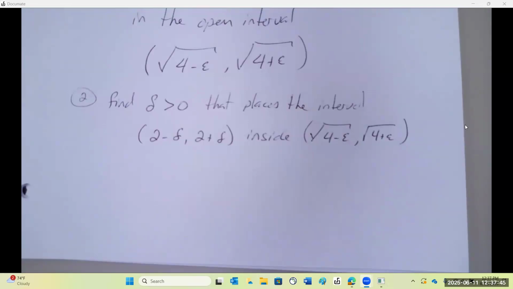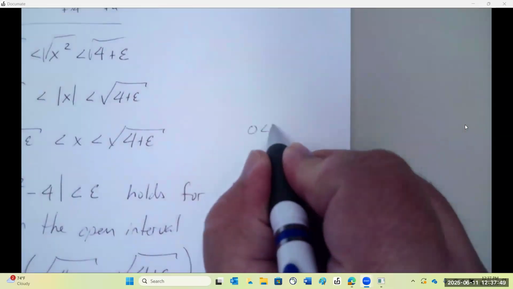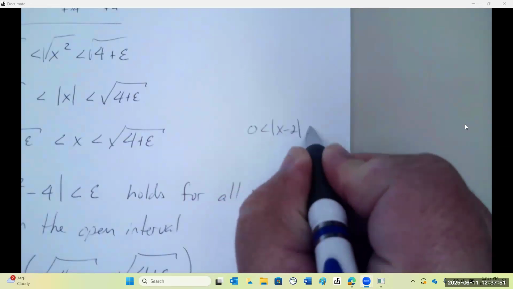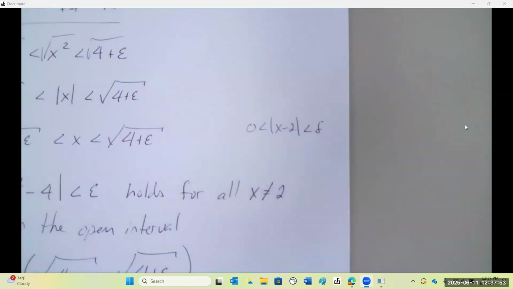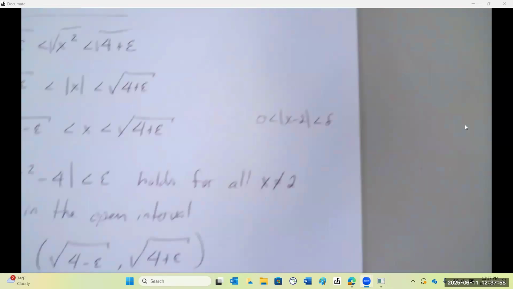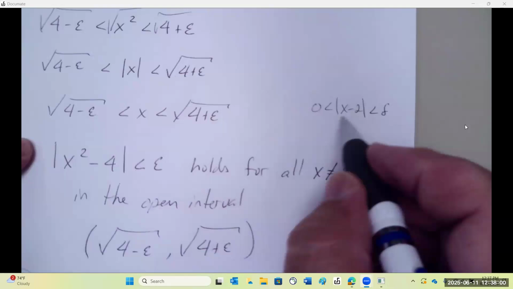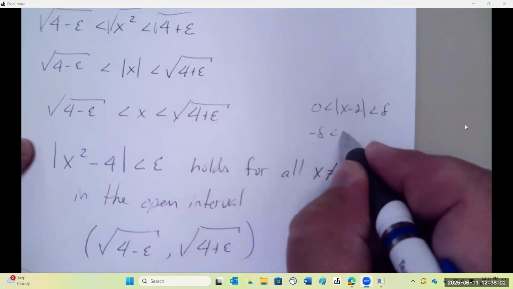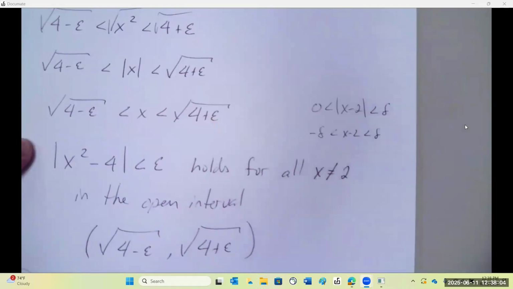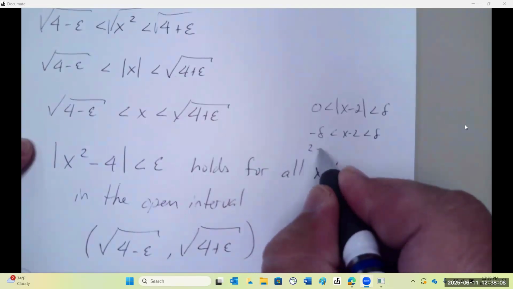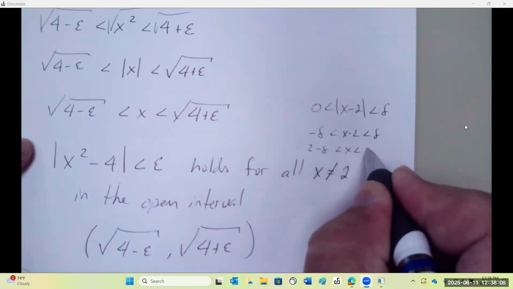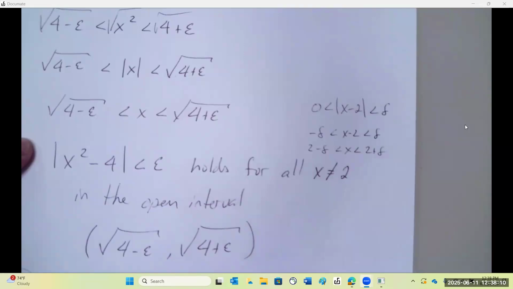How did we get 2 minus delta and 2 plus delta? Because on the delta side, we have to solve for x there. Since we solved for x in the first one, we have to do the same thing there. So we have negative delta is less than x minus 2 is less than delta. So it's 2 minus delta is less than x is less than 2 plus delta.